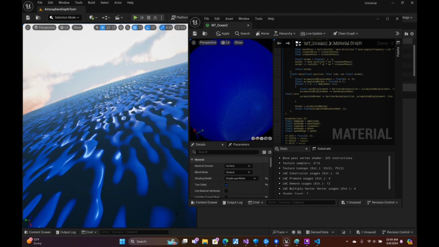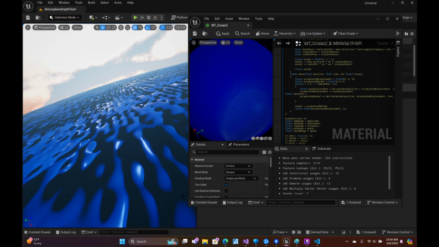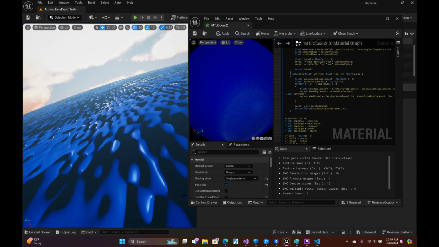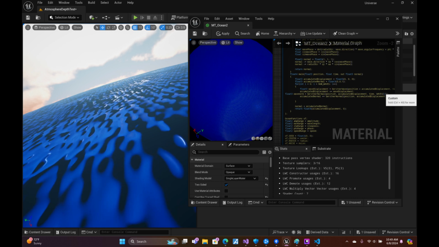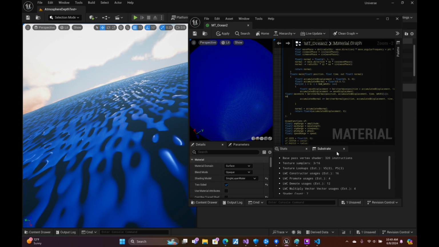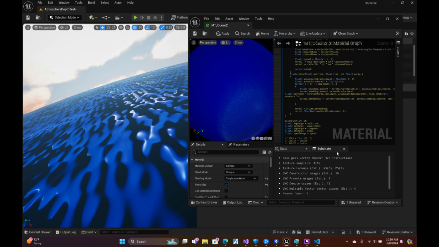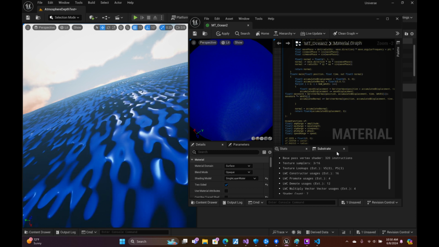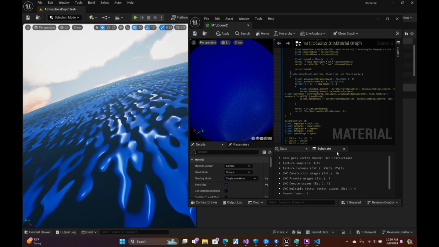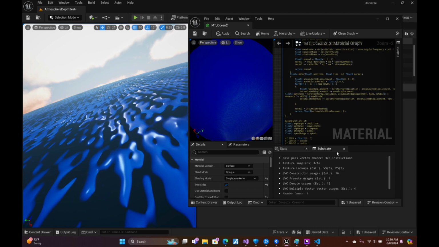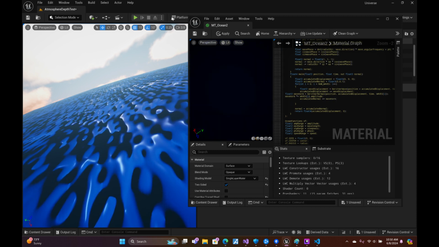Float3 waveNorm equals, waveNorm times equals waves[i].amplitude, waveNorm, something like that.